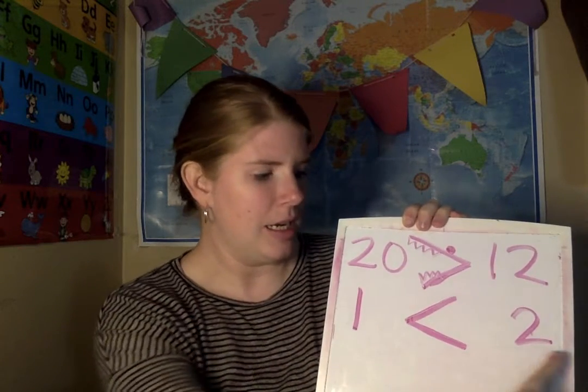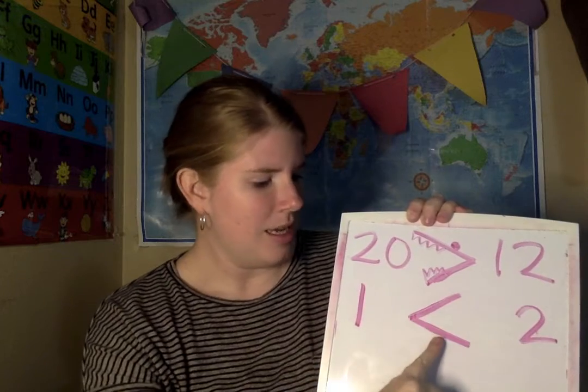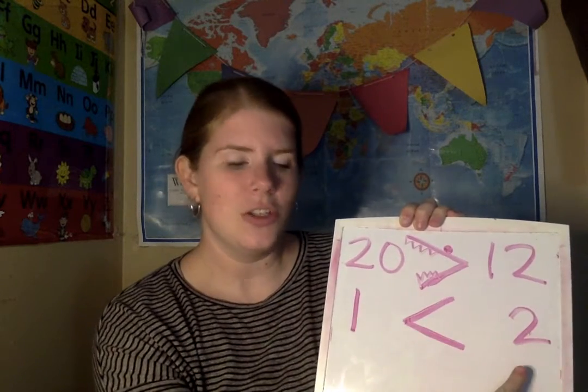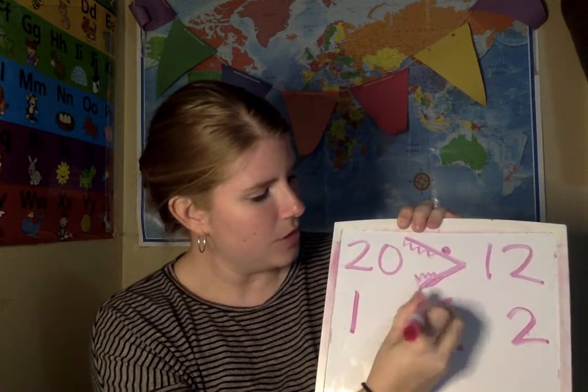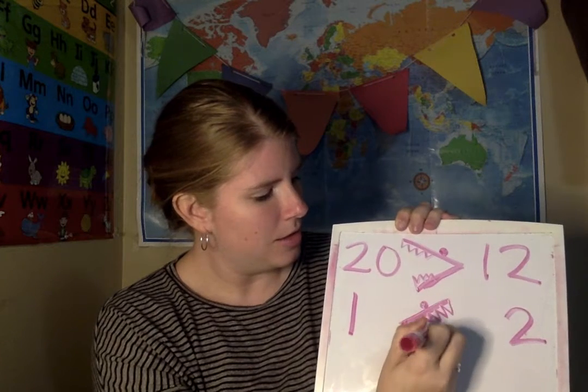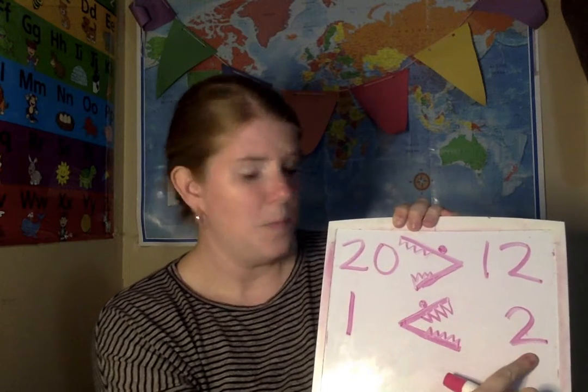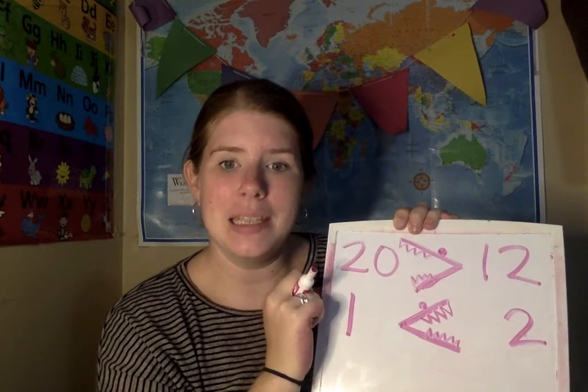But we read across. 1 is less than 2. We can even turn this into an alligator. And he still likes to eat the bigger numbers, so the open mouth is going to be towards the 2, the bigger number. So we use these symbols to help us compare numbers.